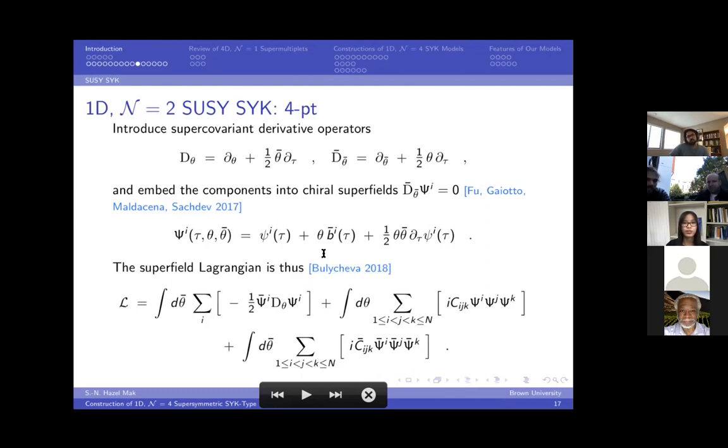So we can throw these chiral superfields in and write down a superfield Lagrangian. This Lagrangian is actually given in Bulycheva's 2018 paper. It wasn't there in Maldacena's paper. So this superfield Lagrangian can be written with some chiral and anti-chiral superfield terms.